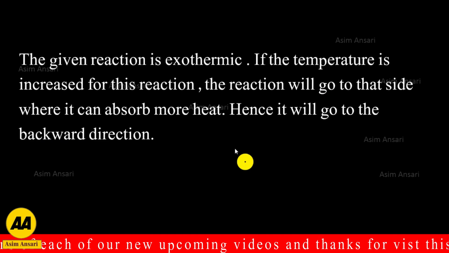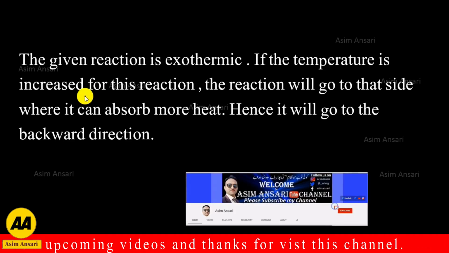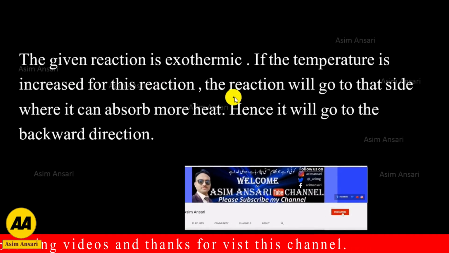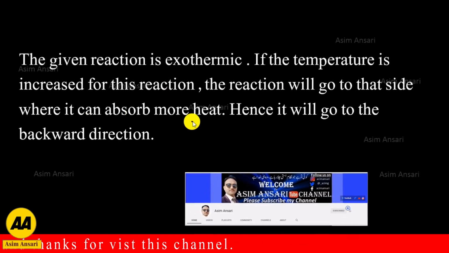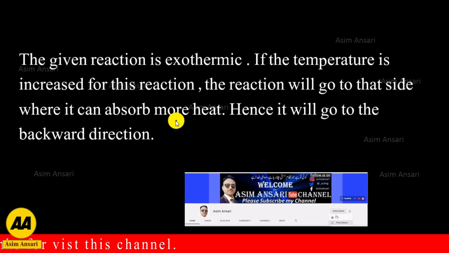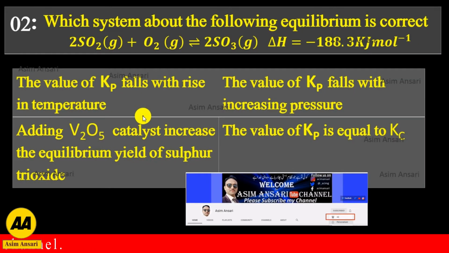The given reaction is exothermic. If the temperature is increased, the reaction will go to the side where it can absorb more heat, hence it will go in the backward direction.